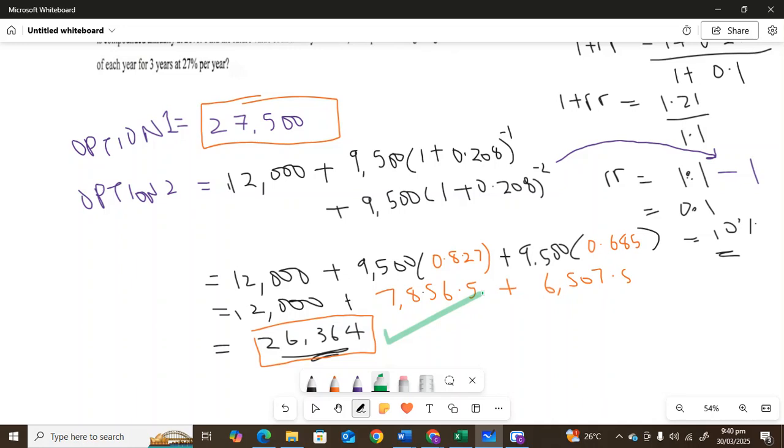Any questions? So, whenever you're given these type of questions where you have to compare, all right, just know you're comparing it on a present value basis. Okay.